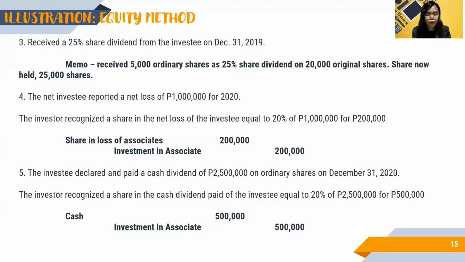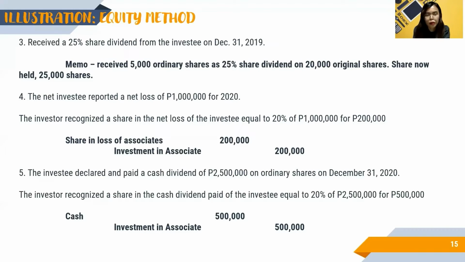So, number 4. The investee reported a net loss of 1 million for 2020. The investor recognized a share in the net loss of the investee equal to 20% of 1 million or 200,000.